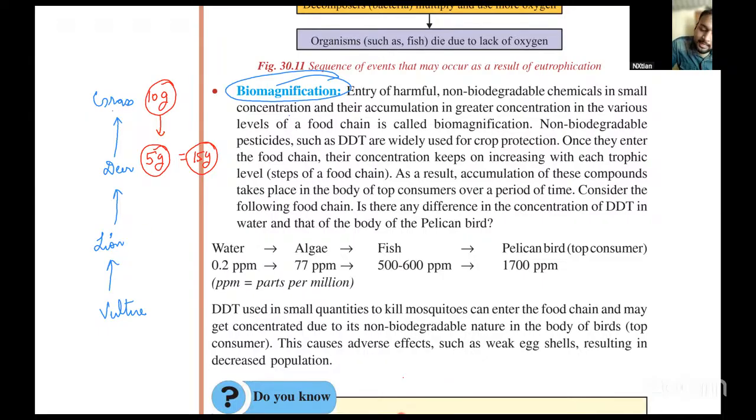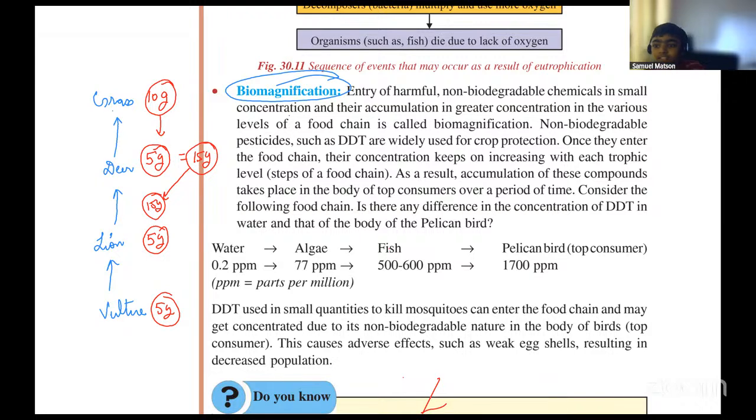Now, for example, the lion also has 5 gram and the vulture also has 5 gram of chemicals. Because the lion will eat the deer, the lion will have 15 gram more. Understood, guys? At each trophic level, the chemicals will not degrade, the chemicals will increase.